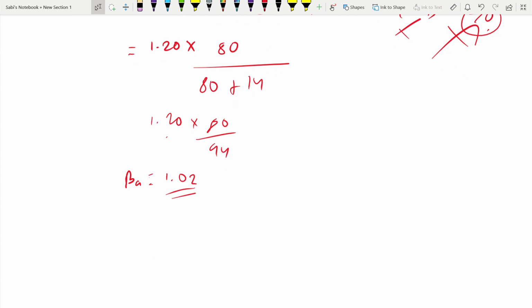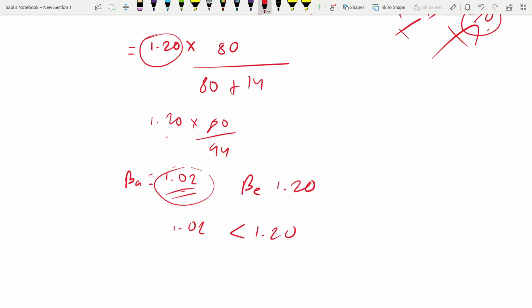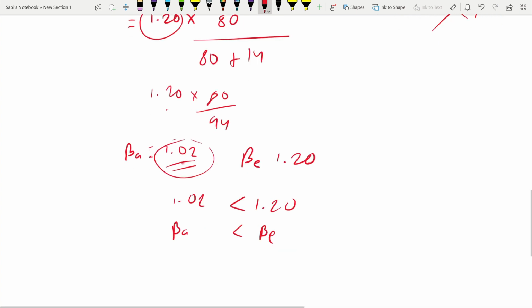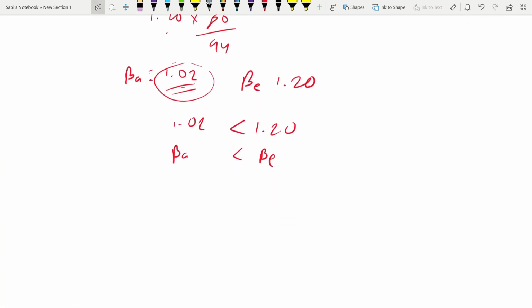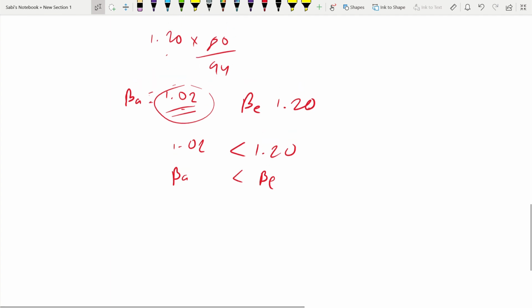As I told you, asset beta is always less than equity beta. So just check. This is 1.02, the asset beta. What is your equity beta given to you? 1.20. Check. 1.02 is less than 1.20. This is asset beta, this is equity beta. It fits well with what we have explained.